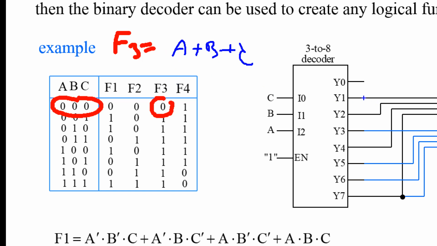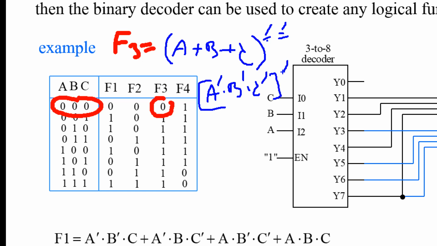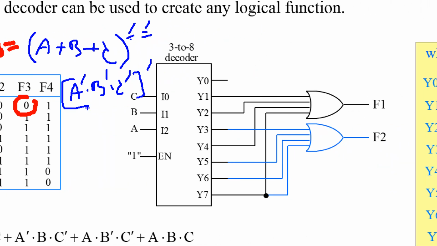Anyway, your output is a sum term, so you should arrange the implementation and use De Morgan, and it becomes the invert of A prime and B prime and C prime. A prime and B prime and C prime corresponds to y0, and then invert, right? So it becomes this function f3.